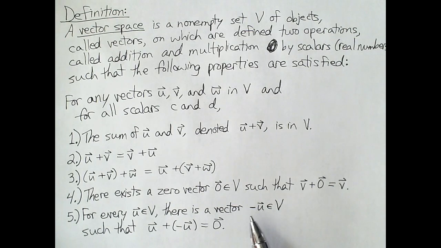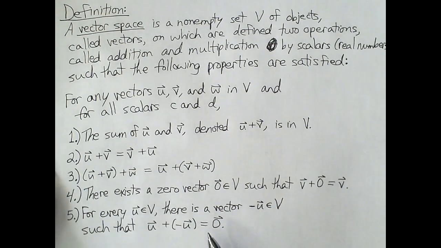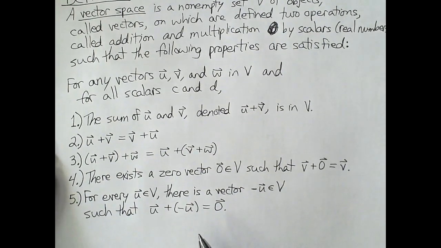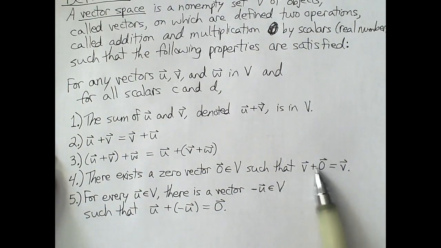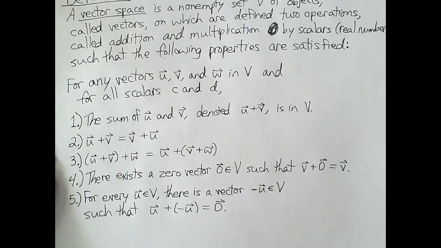Well, here, you take a number and you add its additive inverse, and you get the 0 vector, which could be thought of as kind of like an identity for addition. Also, when you add the 0 vector, it doesn't change anything, just like when you multiply by the multiplicative identity, it doesn't change. Anyway, I'm getting a little bit off topic.